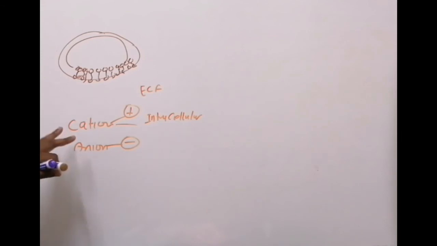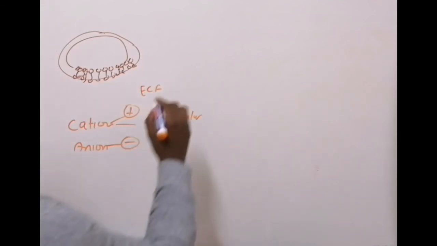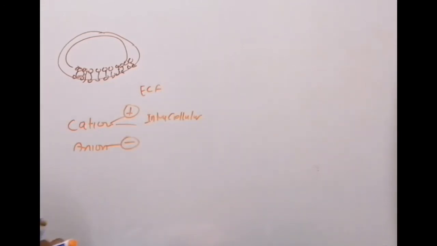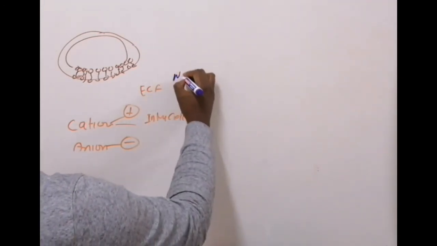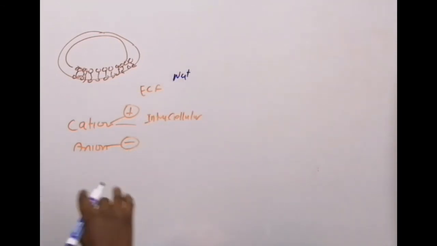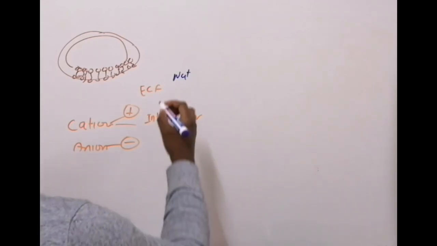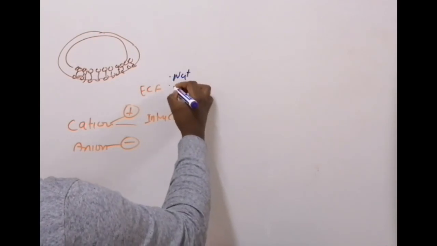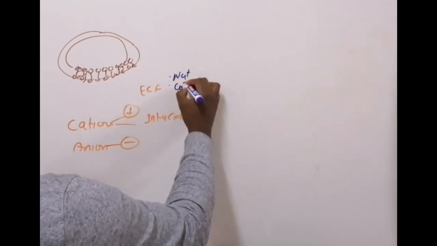Positive cations that are in the extracellular space include, the main one, sodium. Sodium is the main cation that is found in the extracellular space. And there's also calcium there.